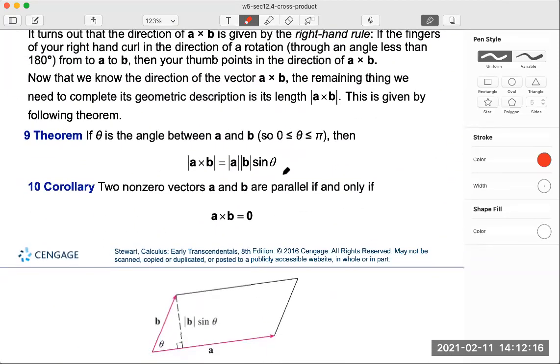Here, a theorem: the magnitude of the vector A cross B is the magnitude of A times the magnitude of B times sine of theta, where theta is the angle between vector A and vector B. Okay?